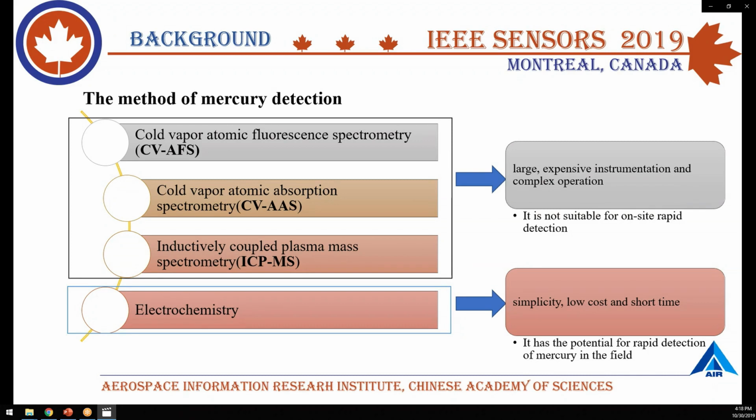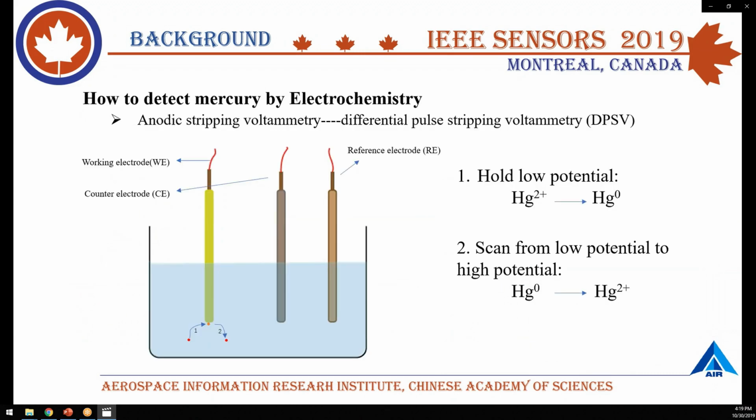The first 3 methods require large, expensive instrumentation and complex operation, so these methods are not suitable for on-site rapid detection. However, electrochemistry has the advantage of simplicity, low cost, and short time, and it has the potential for rapid detection of mercury in the field, so we choose electrochemistry to detect.